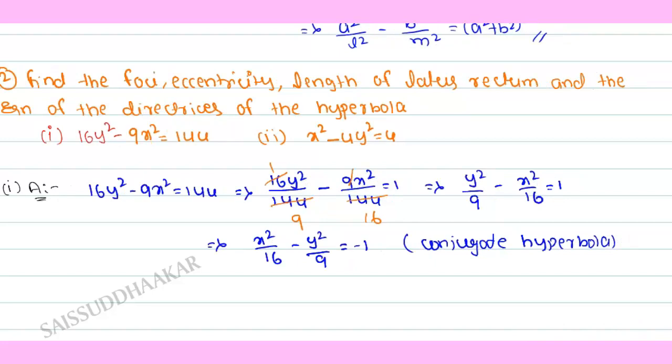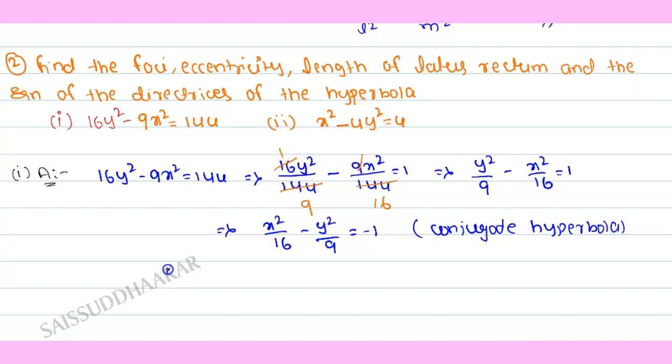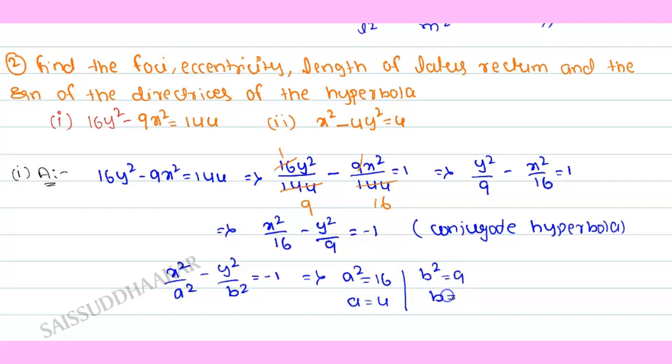So now this one I am comparing with the formula of the conjugate hyperbola: x square by a square minus y square by b square is equal to minus 1. By the comparison, we are getting a square is equal to 16, a is equal to 4, and b square is equal to 9, b is equal to 3.